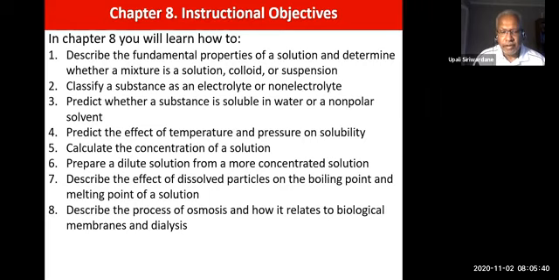Large solute particles are retained, and small particles such as ions are preferably removed from the solution. This is an application in patients with kidney failures.